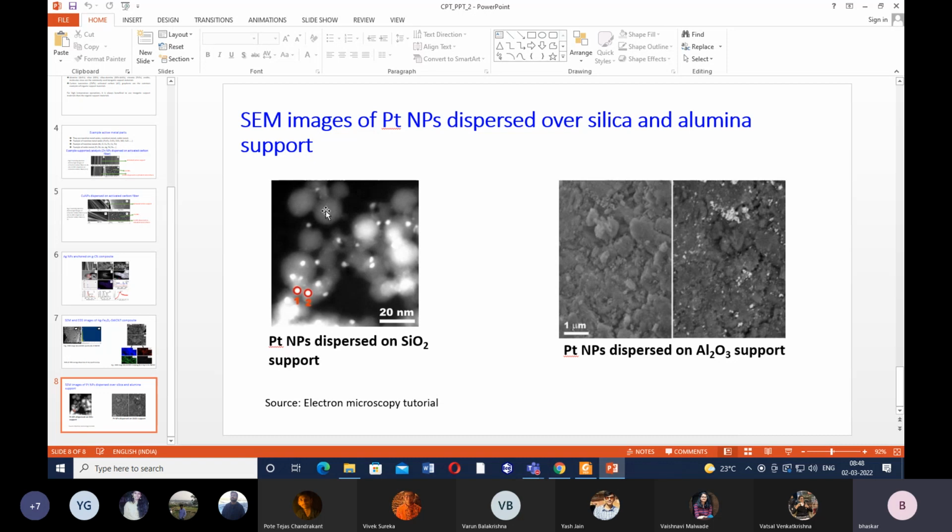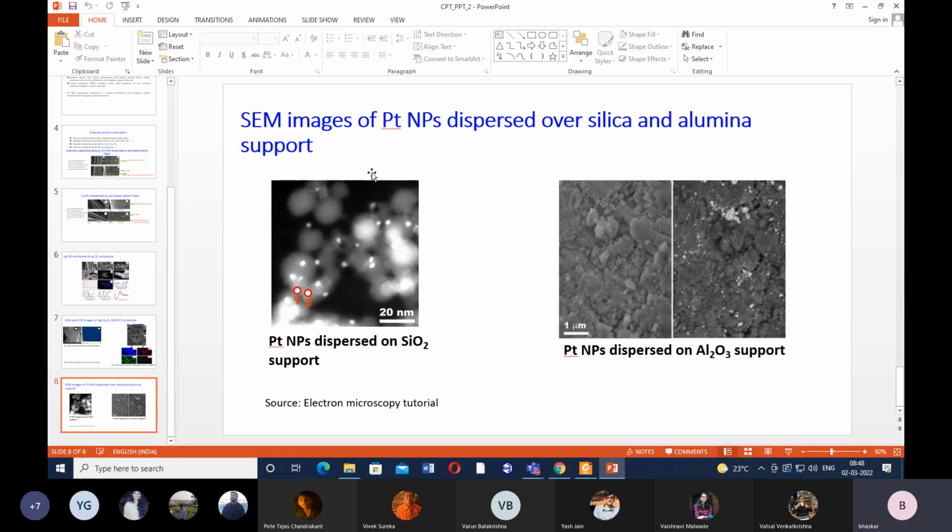Here we can see the dispersion. What do you mean by dispersion? Tell me. You have studied this in chemical reaction engineering. What is called dispersion? You'll have to tell me.